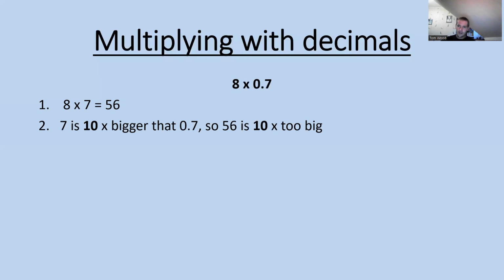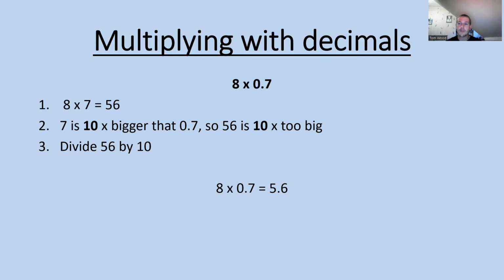The more mathematical way of looking at this is realizing what we've changed. So instead of doing 0.7, we used 7. That means that our answer is going to be 10 times too big. So that means that 56 is 10 times too big. So I'm going to divide it by 10 to make it 10 times smaller.